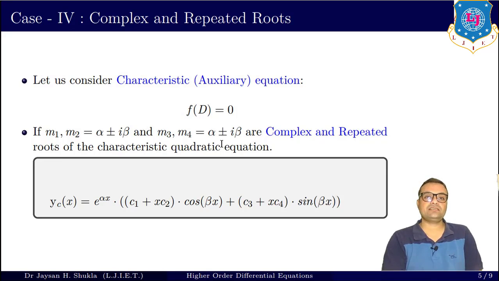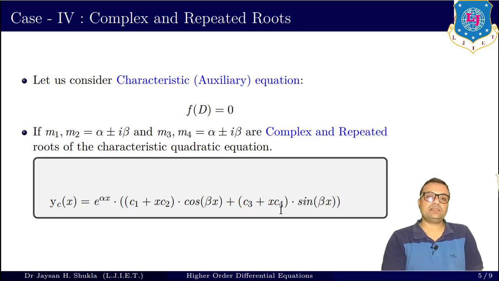In such cases, the complementary function will take this form. Now we can see the real part alpha is for the exponential function, so it is e raised to alpha x, and beta is for cos and sine in our solution. But now as our roots are repeated, I am considering c1 plus x c2, c3 plus x c4.